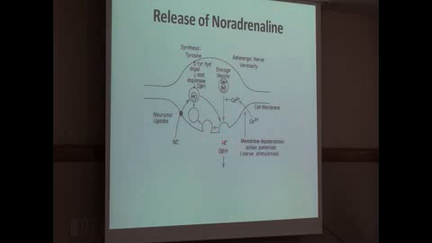Above a certain level, it will feed back on the nerve ending and say, hey, enough. We don't need more. That's what we call a feedback control, where the transmitter itself feeds back when it reaches a certain concentration and tells the neuron, you've done enough. You don't need to release more. You understand that?